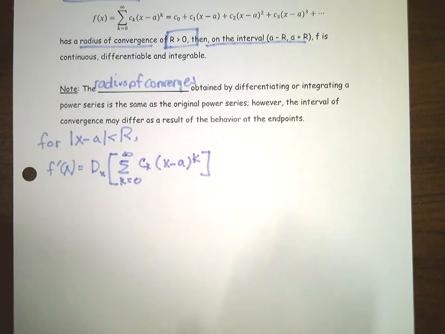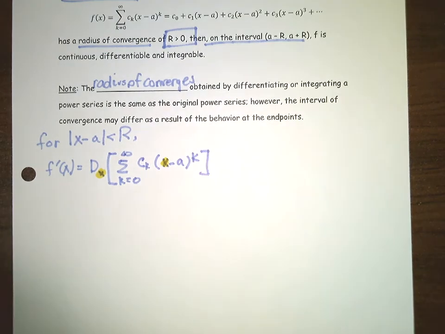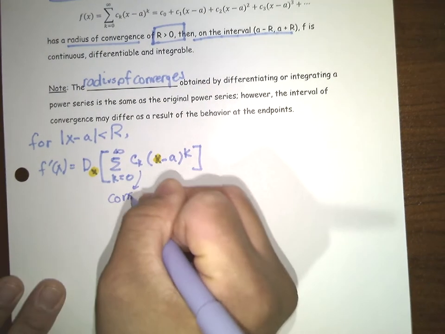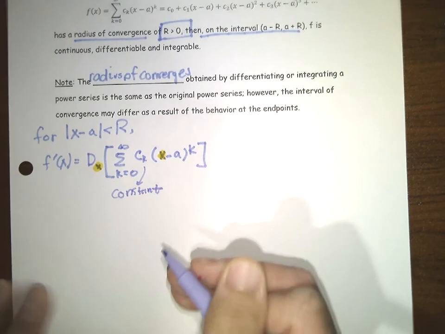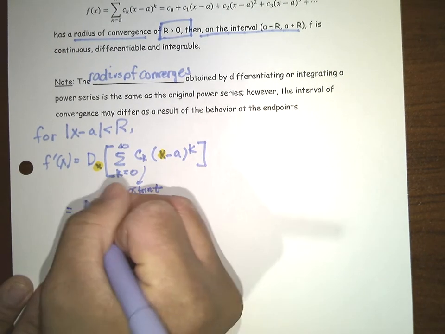Now remember that ck is a constant, but I'm taking the derivative with respect to x, so there's the variable. So ck is a constant. So then this is going to be sum k equals 0 to infinity.